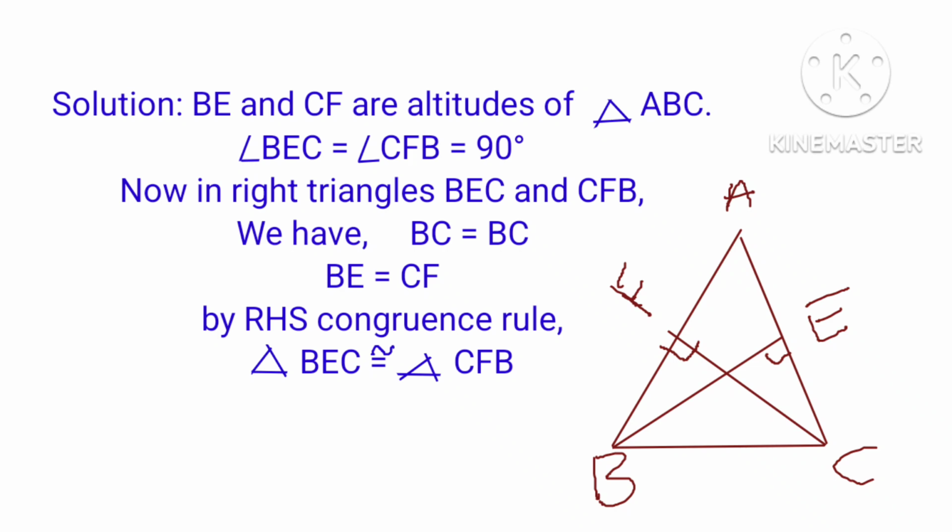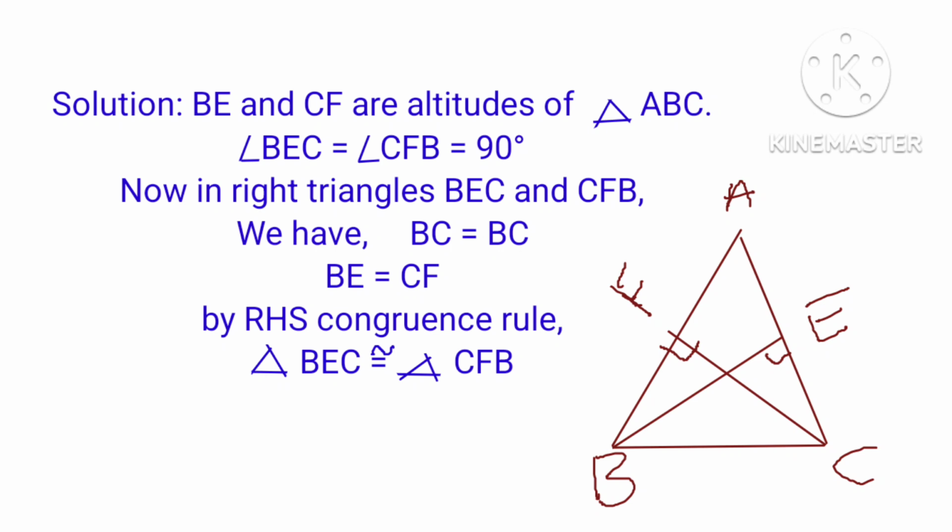At first, we have to prove triangle BEC and triangle CFB are congruent. Then we can prove angle B equal to angle C, and then we can prove the given triangle is isosceles. So BE and CF are altitudes of triangle ABC.